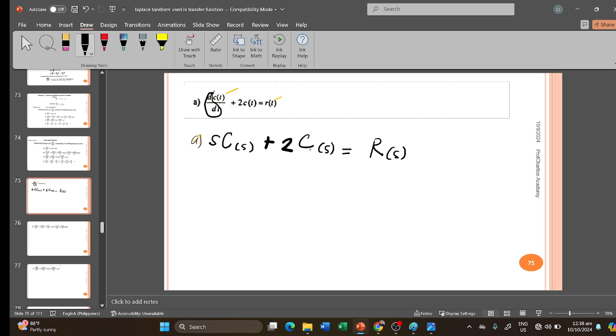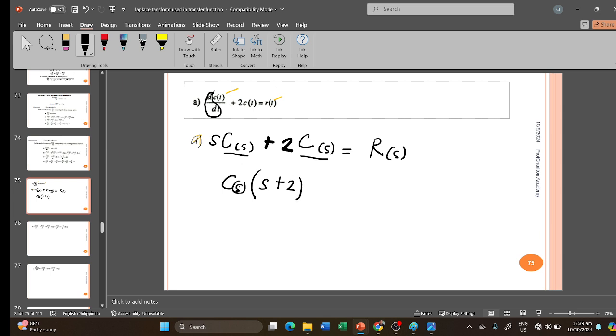So what happened now is we try to see the common term. What is common in this expression is this, so we put it outside, and then we put this in parentheses. To achieve this, we need to multiply S, and then here we just have to put 2 now.